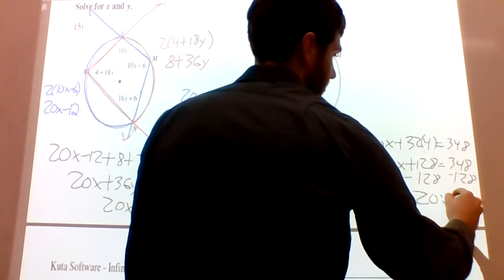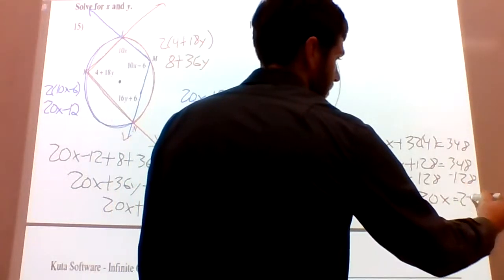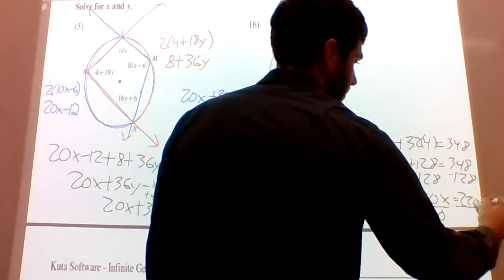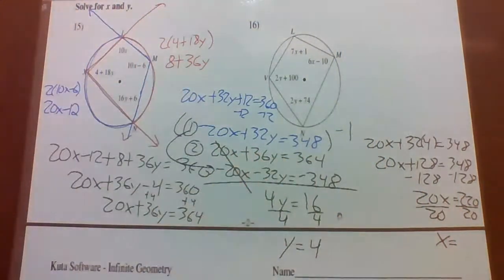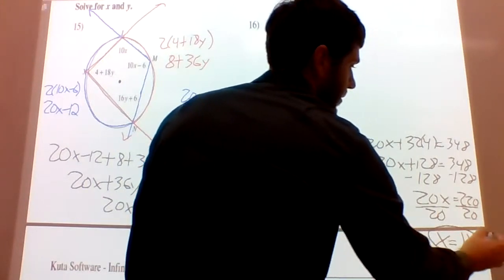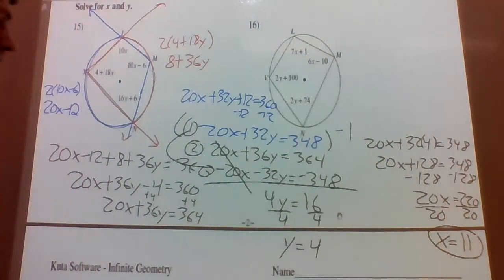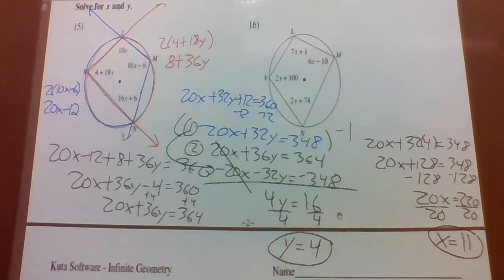We get 20x equals, 48 minus 28 is 20. 300 minus 100 is 200, so 220. Divide by 20. We get x equals, so 20 goes into 10 five times, so that's 11. 11 and 4. We can plug those all in and see if they work.